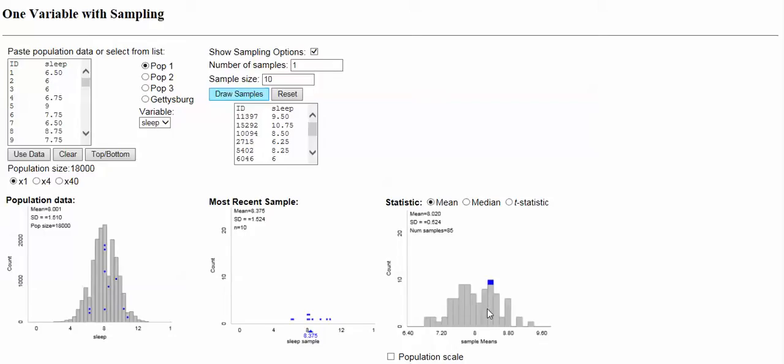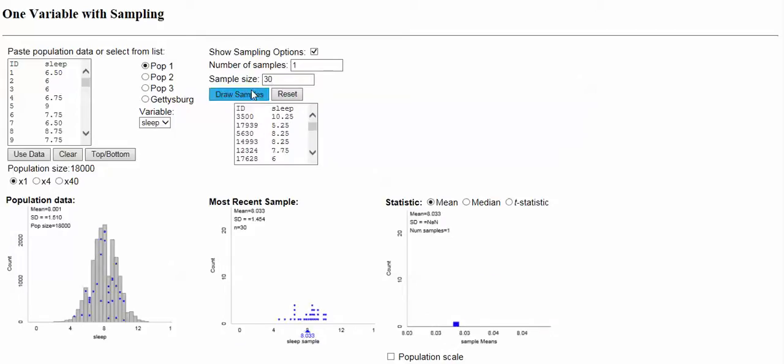With a large sample size, the sample means are even closer together. They do follow a roughly normal distribution, just like the population does. Remember that the population is normal, so the sample means always have a normal shape.